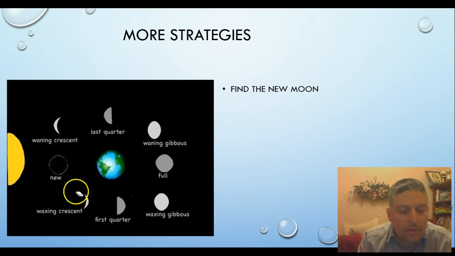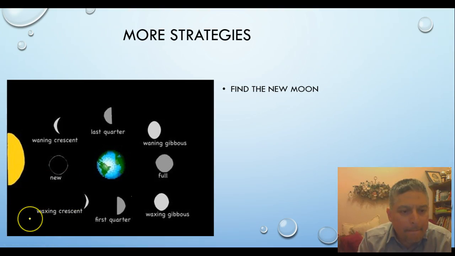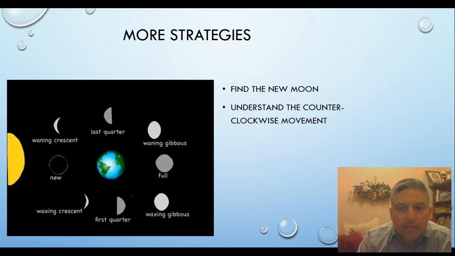Okay, so now let's keep on going. Find the new moon. We have a new moon right there. Understand the counterclockwise motion. We have explained that before, where you're supposed to have counterclockwise motion.